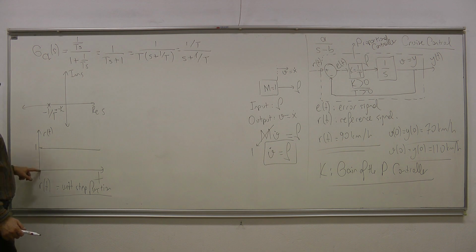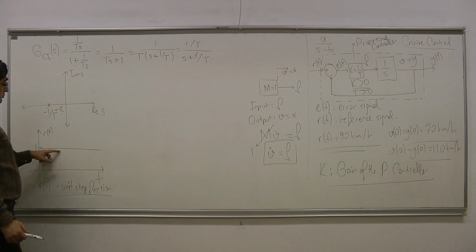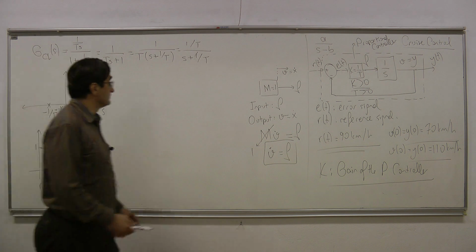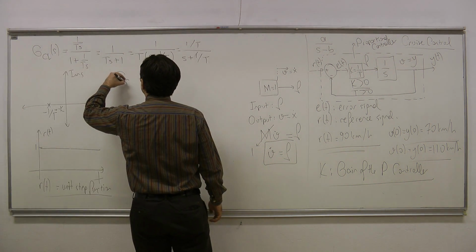Okay? The initial velocity of the mass is going to be 0 kilometers per hour. So actually the output, we would want the output to come from 0 and to settle at the desired value 1. All right?